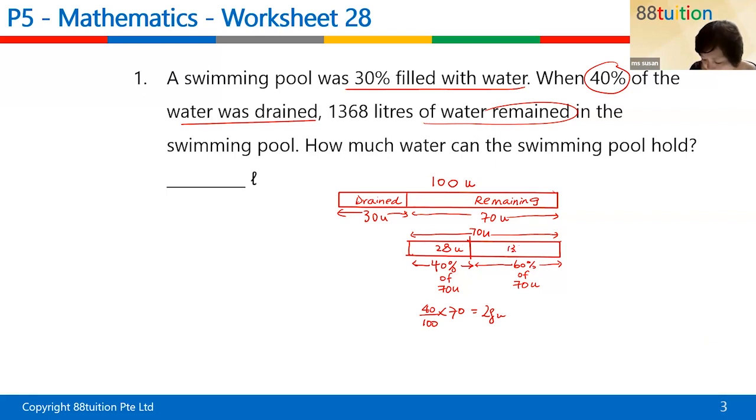It remains in the swimming pool. And so if you use 60 units minus 28 units, you get 32 units here. So this one equals 32 units, which is also equal to 1,368 liters, right? Liters.